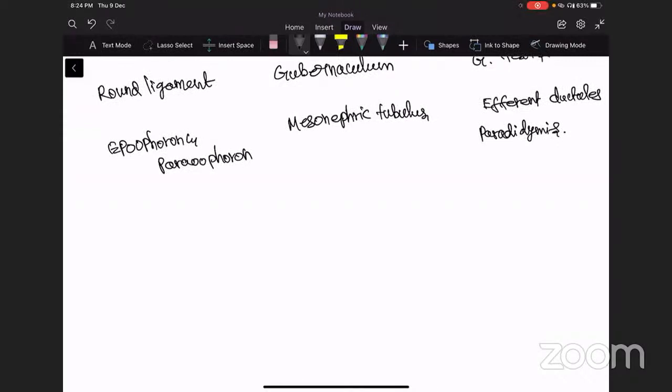Next to mesonephric tubules, we have the mesonephric duct, also called the Wolffian duct.